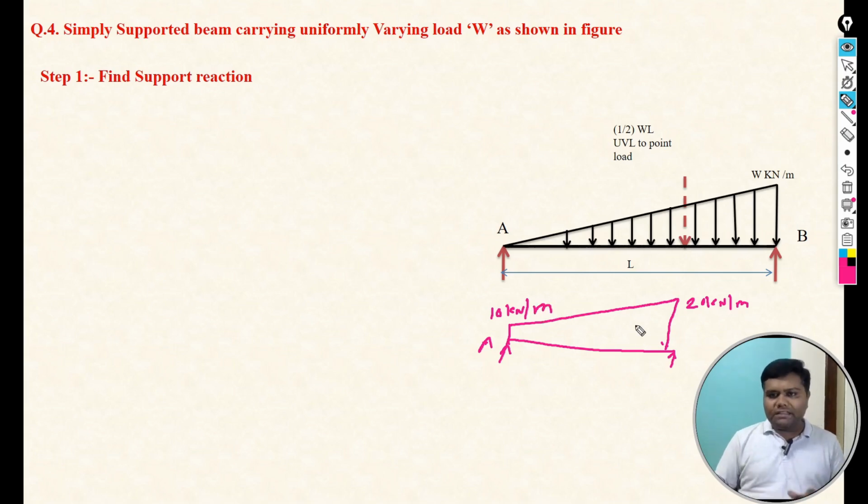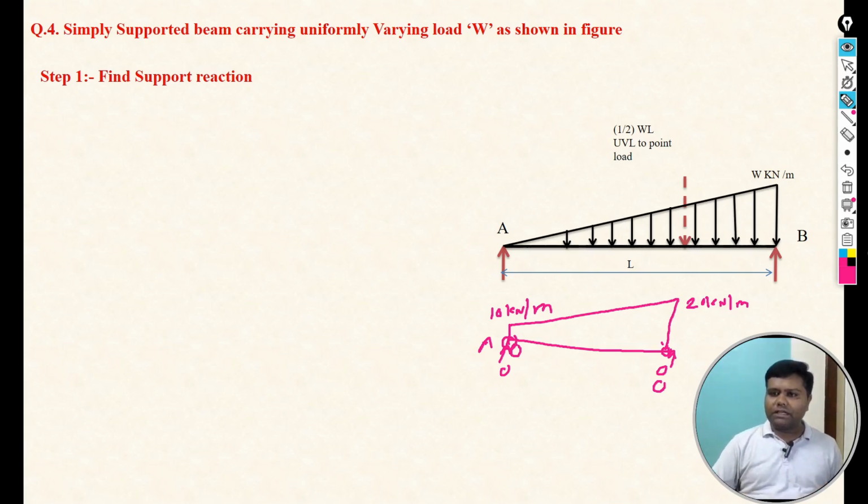So the main thing is that the load is not constant from the initial point to the final point. That load is generally called a uniformly varying load. Maybe that load is 0 at A and maximum at B, or 0 at B and maximum at A. So it is uniformly varying.